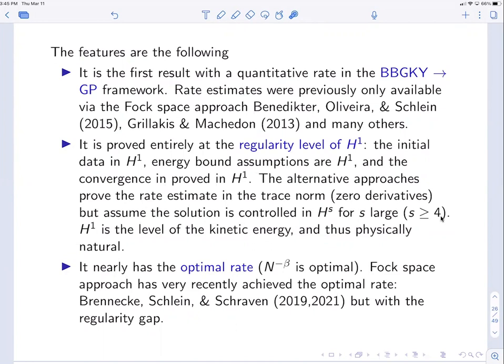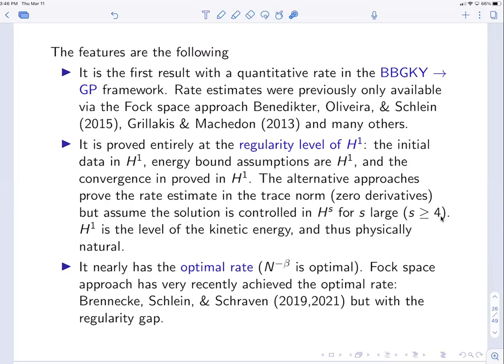But so our result has nearly the optimal rate. All right. So n to the minus beta is the optimal rate, and we have a log n over n to the beta. And that is because of the estimate of rho k. It's actually in the nonlinear problem. We use some bilinear estimates, and we just left with Littlewood Paley decompositions, and had to sum over all the dyads, and then it's in that summing process that we just couldn't do it without a log loss.